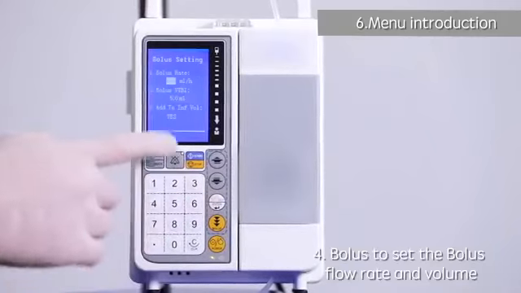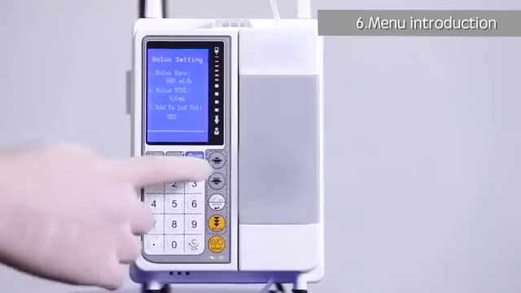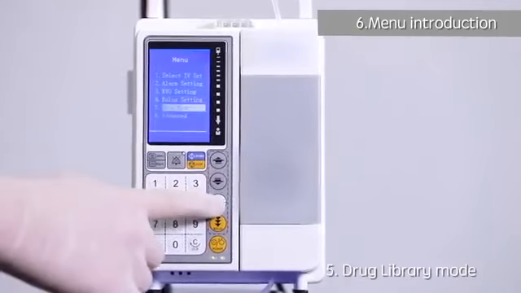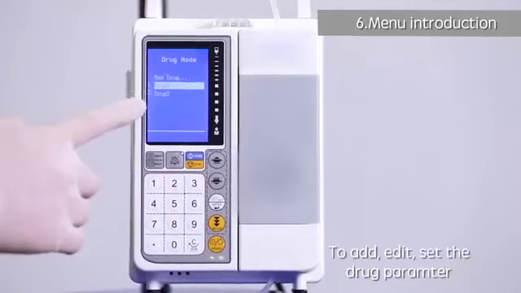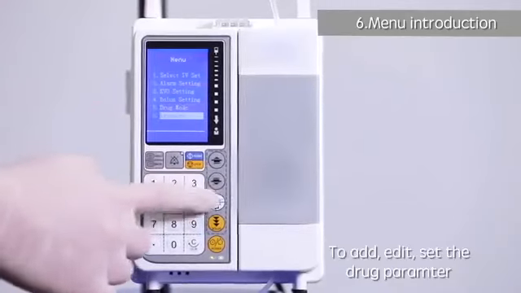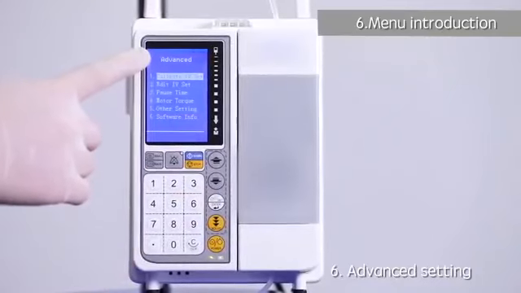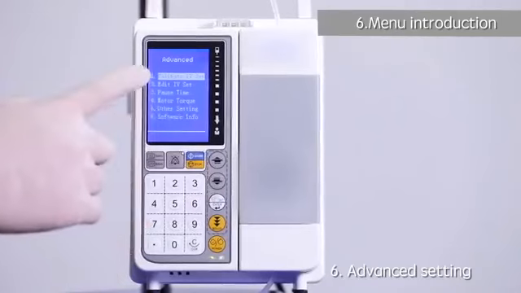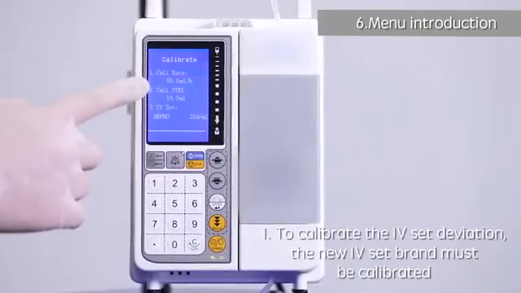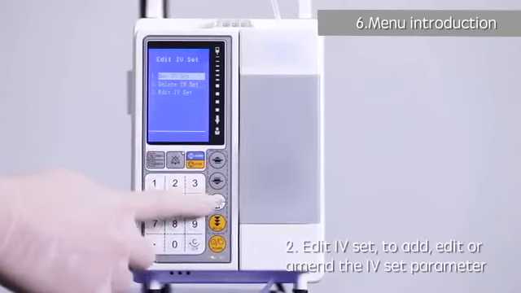4. Bolus: to set the bolus flow rate and volume. 5. Drug library mode: to add, edit, set the drug parameter. 6. Advanced setting. 1. Calibrate the Ivysat deviation; the new Ivysat brand must be calibrated. 2.